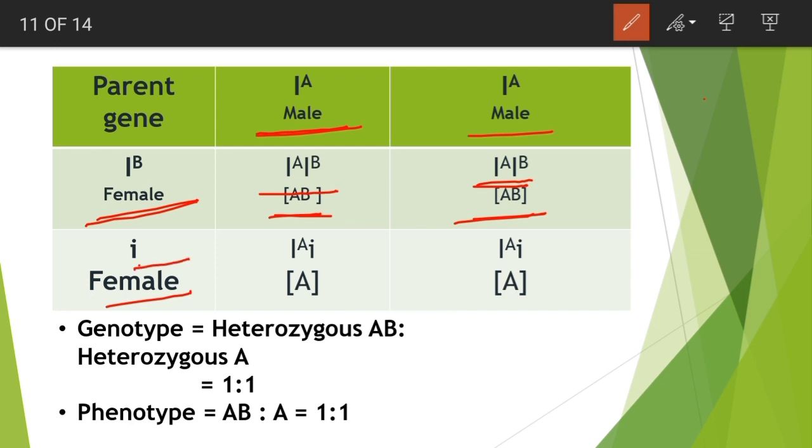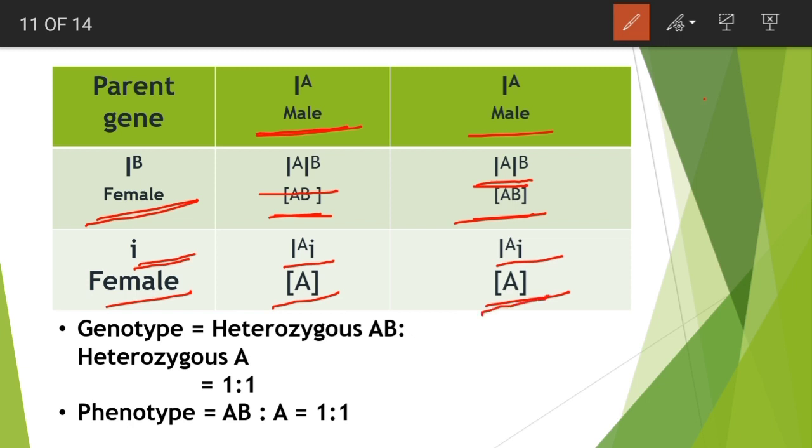When the cross takes place between small i and IA, the expression will be A blood group, as capital IA is a dominant allele. And this fourth one will also be the same, there will be expression of capital IA, as it is a dominant allele, and the blood group will be A.